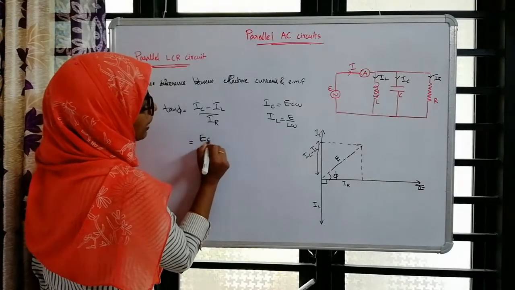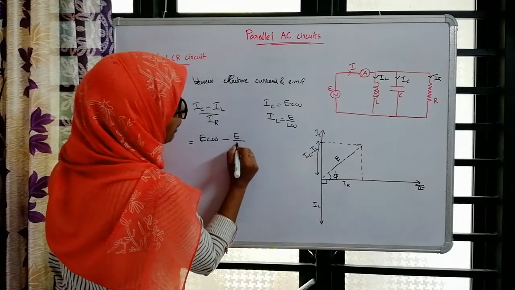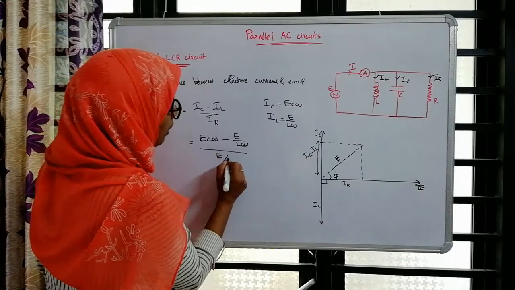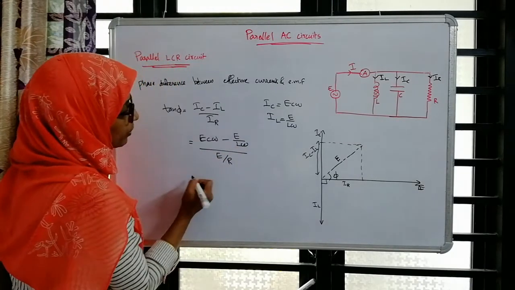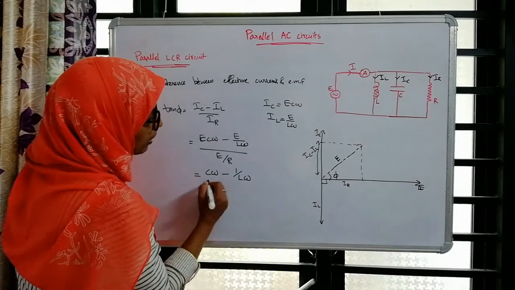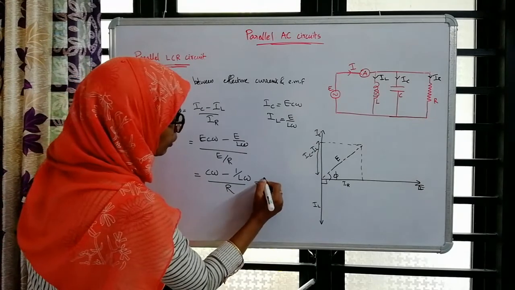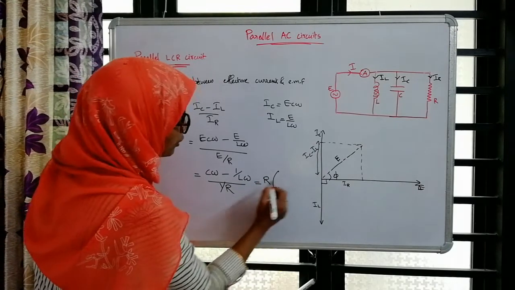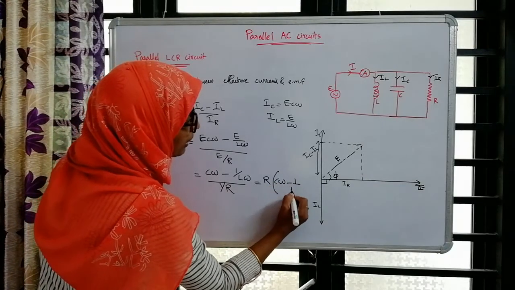E C omega minus E by L omega divided by E by R, where the E gets cancelled from the numerator and denominator, remaining C omega minus 1 by L omega divided by 1 by R, which is equal to R into C omega minus 1 by L omega.